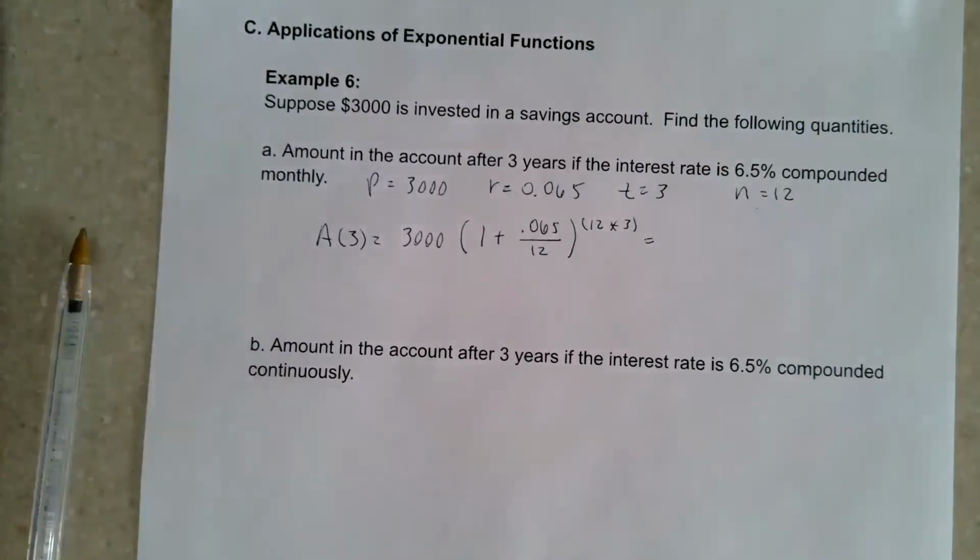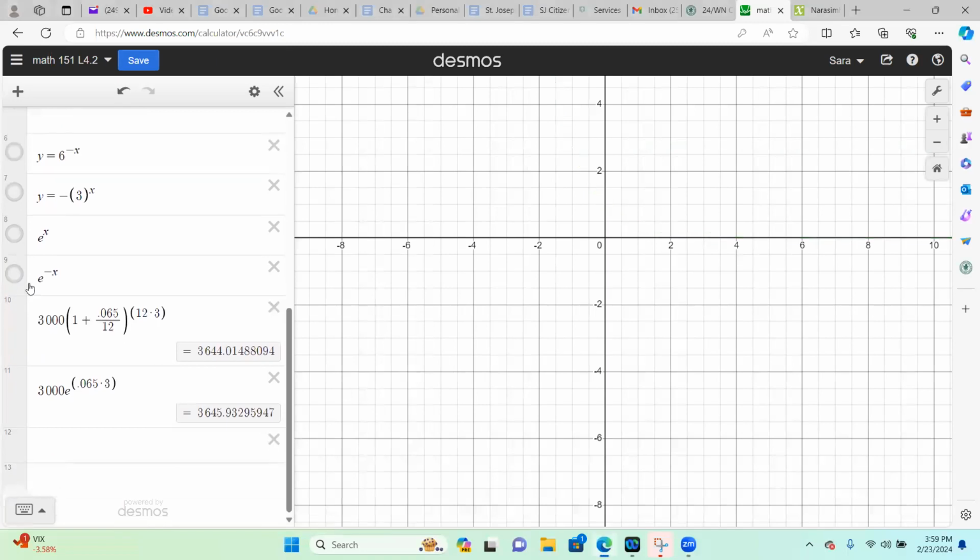So let's go to Desmos so you can check out what that's going to be. And that is right here, 3,000. We put the formula in, make sure that your n times t is in the exponent. And so after 3 years, we would have $3,644.01.